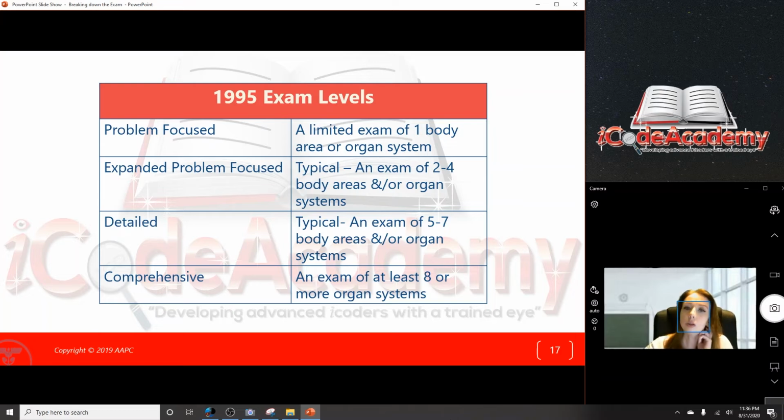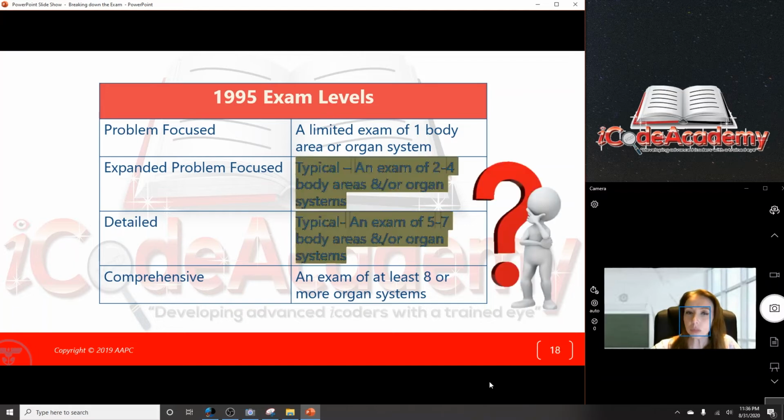All right, so let's go to expanded problem focused and detailed, the ones in the middle. Why did I skip those? You'll see here that it says typical. Typically, expanded problem focus is 2 to 4 body areas or organ systems. Detailed is typically 5 to 7, again, body areas or organ systems.